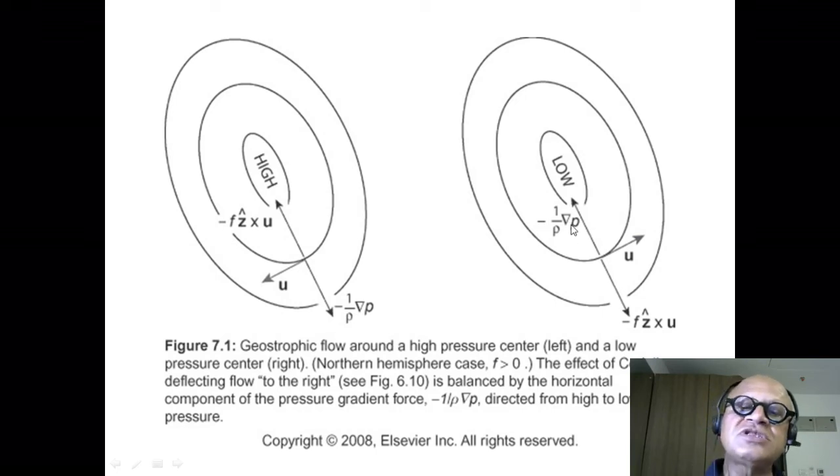You can do this very simply to get your clockwise flow around the high, which we will call an anticyclone in the northern hemisphere, and a counterclockwise flow around a low pressure center in the northern hemisphere, which we call cyclonic flow. So all your tornadoes and hurricanes, cyclones, typhoons are all cyclonic flows, right?